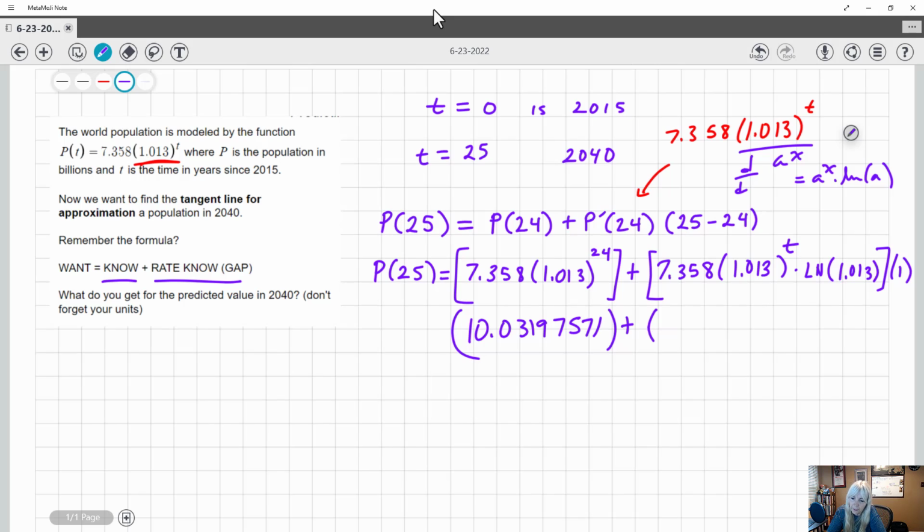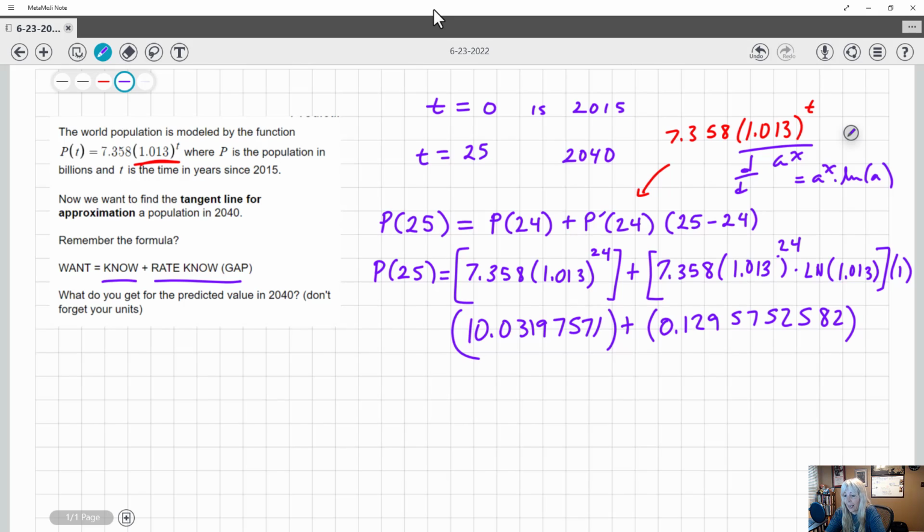Oh, is anybody screaming, why'd you put a t there, Miss Sandy? That should be a 24. All right, and so then from here, this is basically that value times ln of 1.013, and I get 0.129575258, all those decimals because this is in billions.